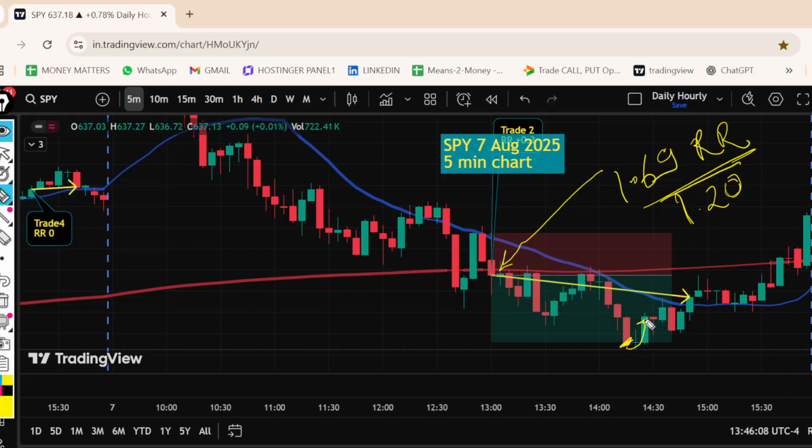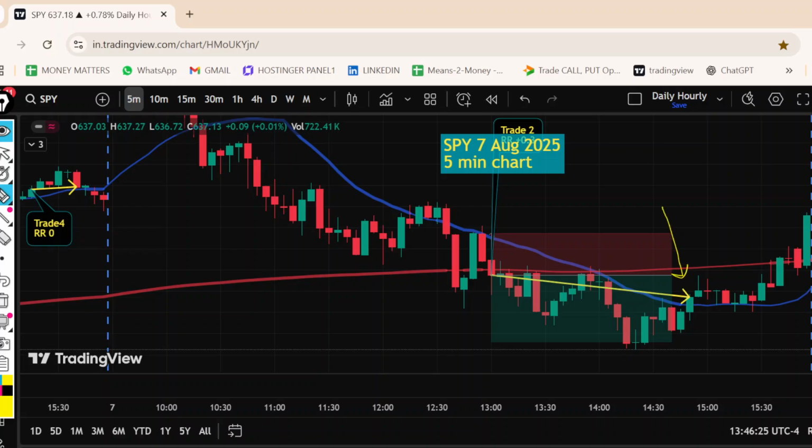Then the market comes here, almost most of our profit is gone, so we don't close the trade here, and then it crosses the 20-day moving average again. So the market is again shifting towards the bullish side, and we exit the position here. Our sell entry was here, our stop loss was here, and our take profit is here.